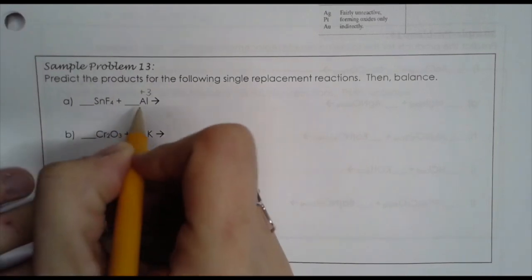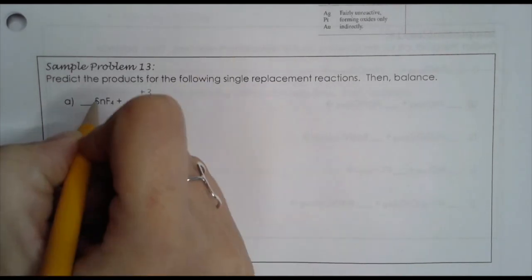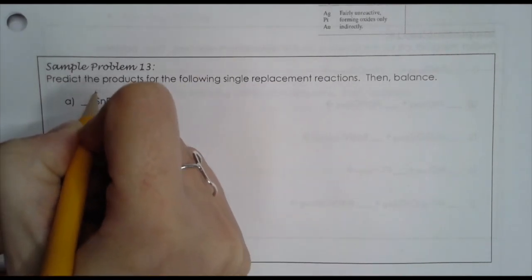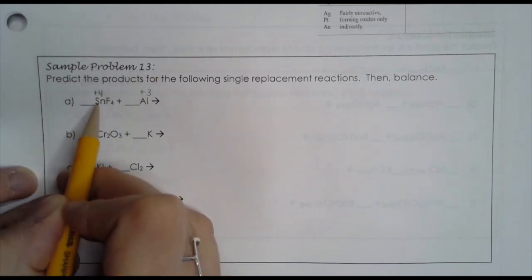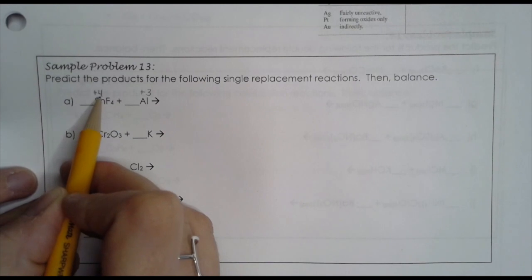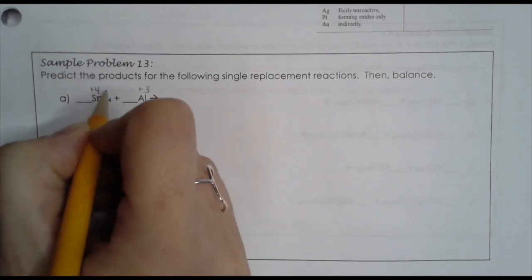So aluminum is going to want to trade places with tin. And tin has a +4 charge in this example. We know it's 4 because the 4 that belongs to fluorine must mean that it's the charge on tin, whereas fluorine is -1.